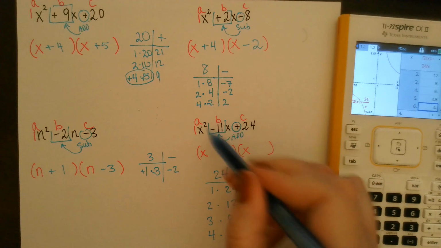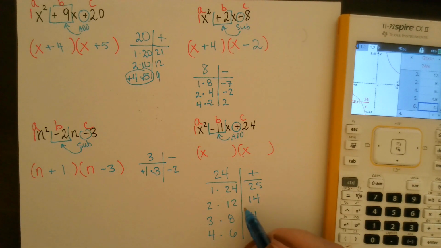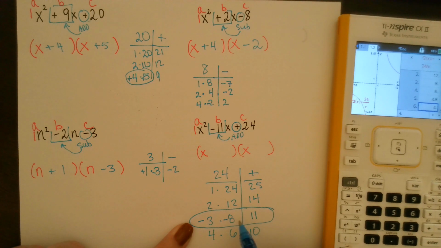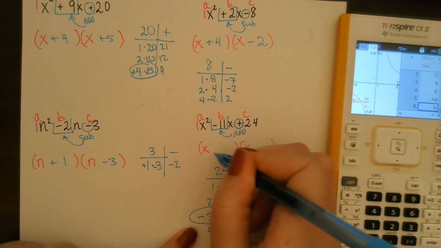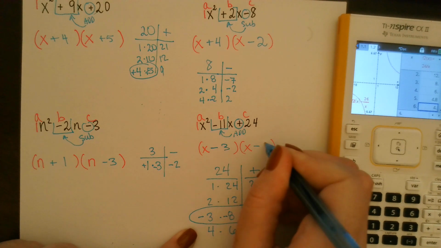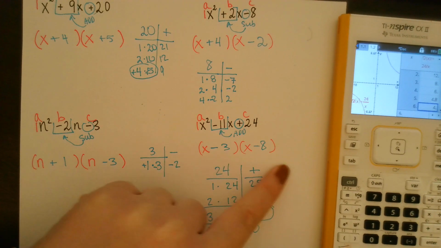Well, we need negative 11, and these terms give us positive 11. So in order for it to be negative 11, both of your signs will have to be negative. And this still works because negative 3 times negative 8 is still positive 24. So this is allowed. So those are your factors.